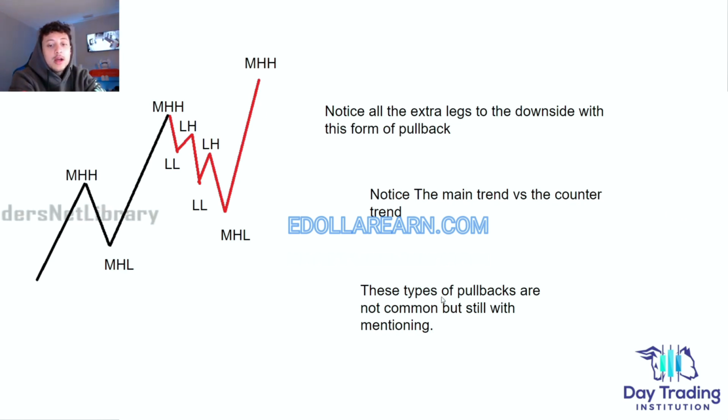These types of pullbacks are really not that common, but it's still worth mentioning because they definitely do happen, especially after a very big run. Now, notice again how we have our main levels of structure, and then we have our minor levels of structure. A level of structure is not confirmed until price makes a new higher high in this situation, or a new lower low.